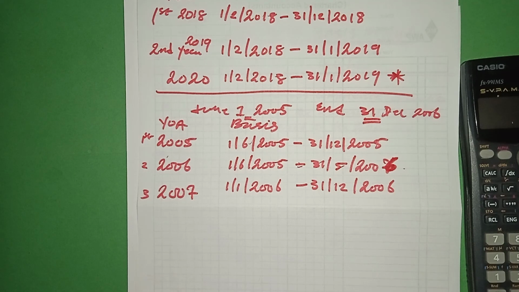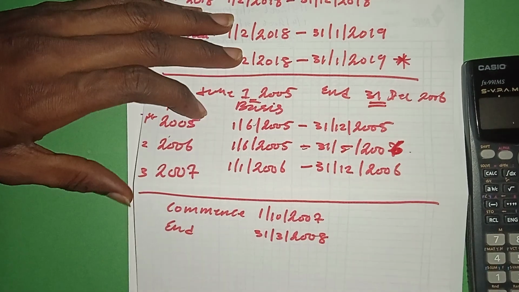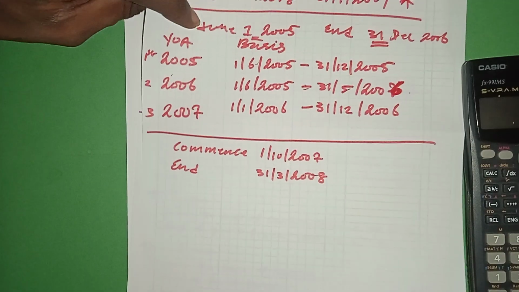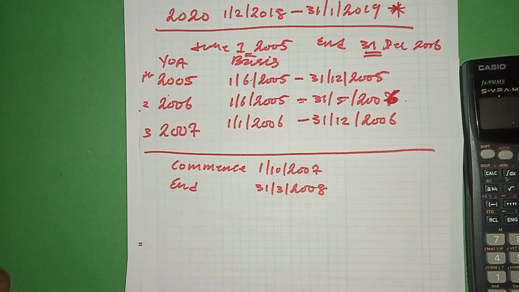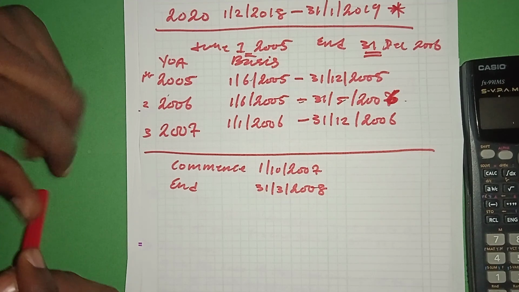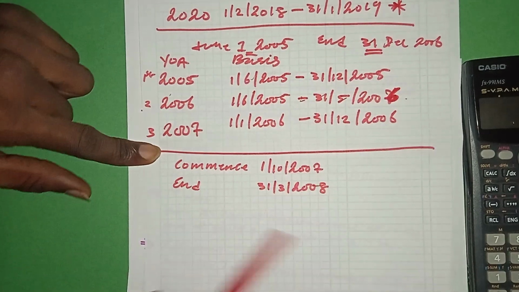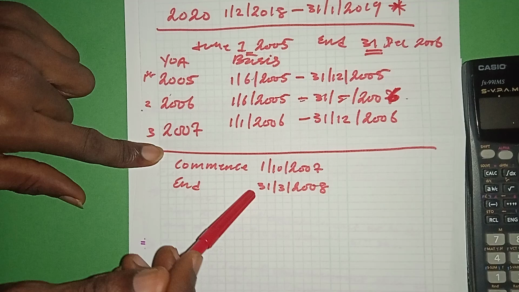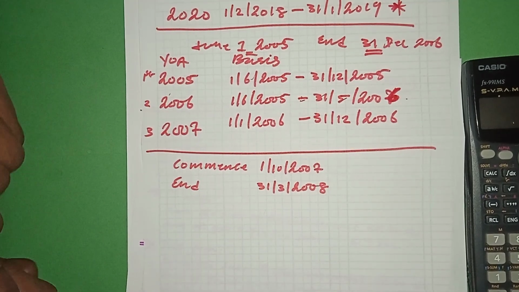Now, let me give you an example where you will repeat the 3rd year. Okay, let's take a look here. Let's solve the second one and see if we can repeat the 3rd year. Commence business on 1st of October 2007 and made up their account to 31st March 2008 every year.